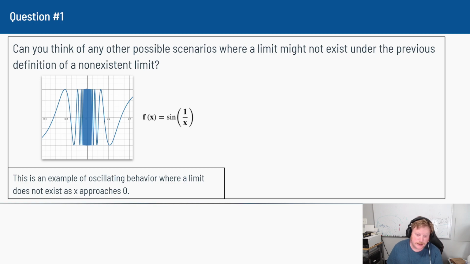And that's infinite times. There's not a finite number of times that it bounces between negative 1 and 1. And so because no matter how close we get to 0, there's never a guarantee as to whether the function will be 1 or negative 1 or somewhere in between, we say that the limit does not exist.